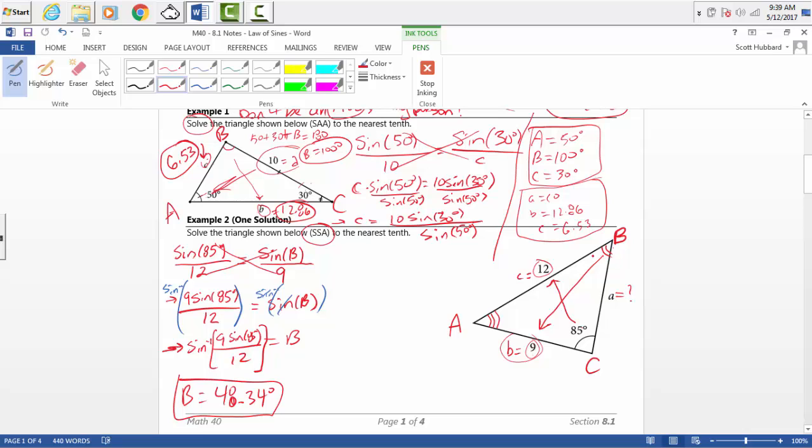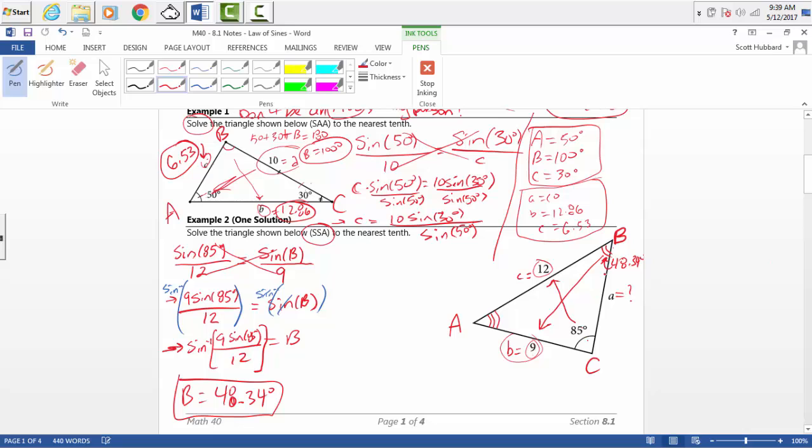So that tells me right here that this angle is 48.34 degrees. Didn't really leave enough room on this problem, apologize for that. Anyways, that's B.